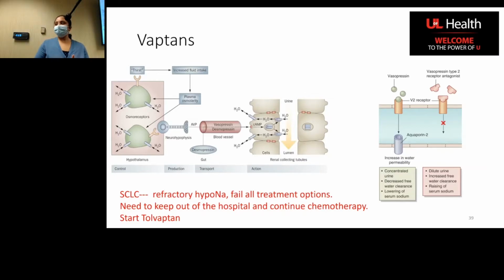And we basically had to keep the patient out of the hospital so that he could get chemotherapy so that the lung cancer could be treated and eventually not have the high ADH. And we ended up having to give tolvaptan, and the patient is still on it, but the problem is getting the drug from the insurance company, very expensive. So that is one of the challenges.